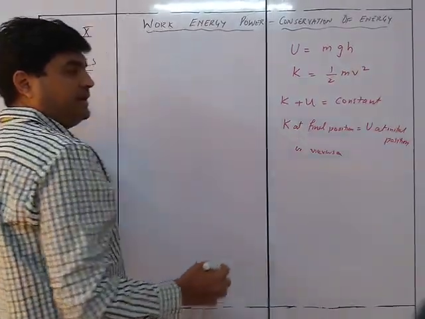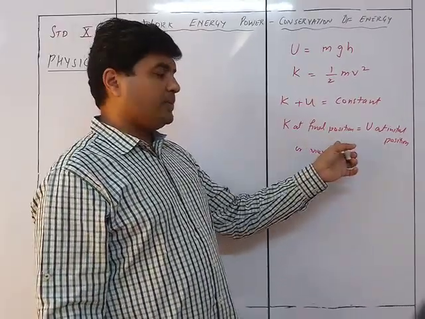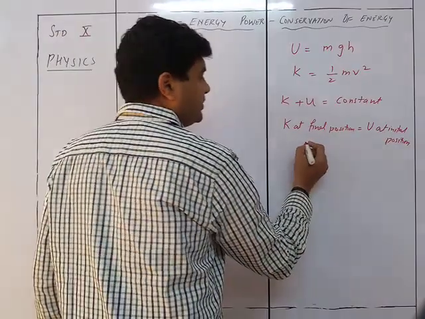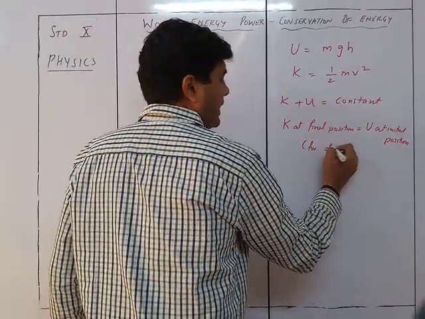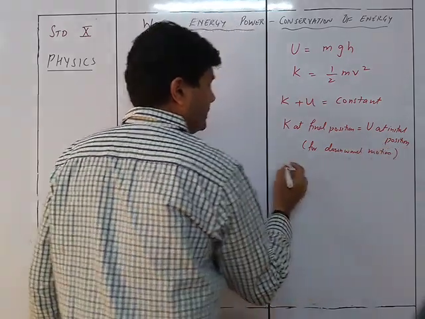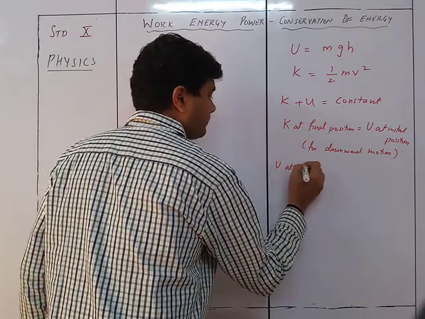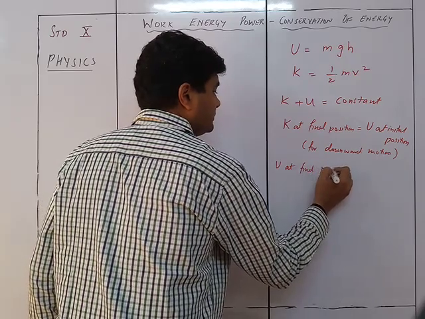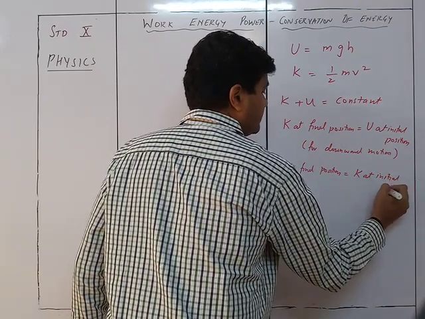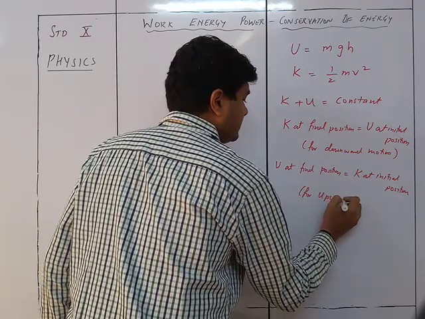If it is thrown vertically upwards, then K at final position equals U at initial position for downward motion, and U at final position is equal to K at initial position for upward motion.